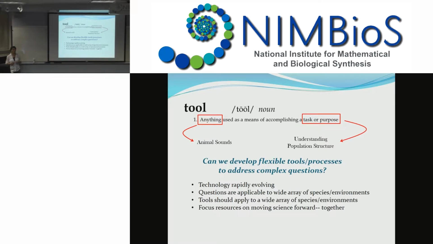And so it'd be nice if some of these tools were also applicable to a wider variety of species and environments. The fewer independent wheels that we create, the more we can work together to actually push the science forward, a little less spinning of the wheels. And so having said that, this is my wheel.